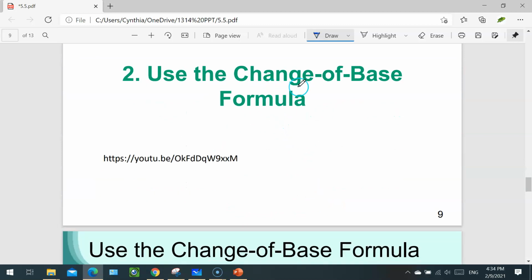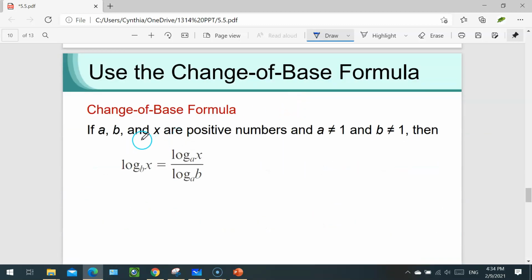Use the change of base formula. If a, b, and x are positive, b is not equal to 1, a is not equal to 1, then when you have the log base b of x, you can rewrite it as log base a of x divided by log base a of b.